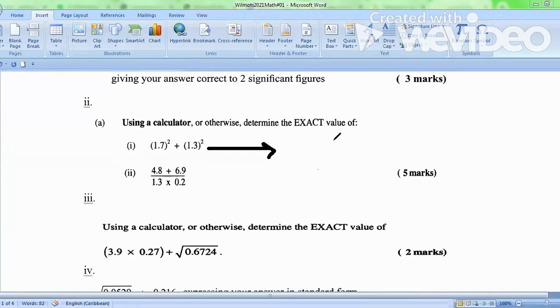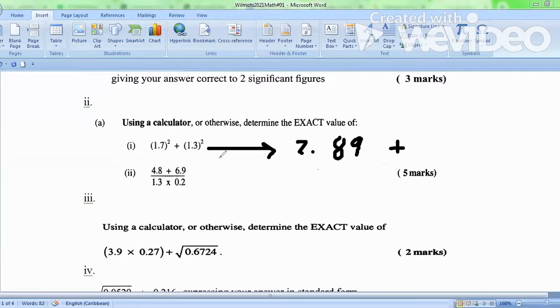Okay, so it's 1.7 times 1.7, which would give you 2.89. Right. So after you get that 2.89, you'd set it down and you put your plus sign there, and then you go on to multiplying the 1.3 times 1.3, that would give you 1.69.